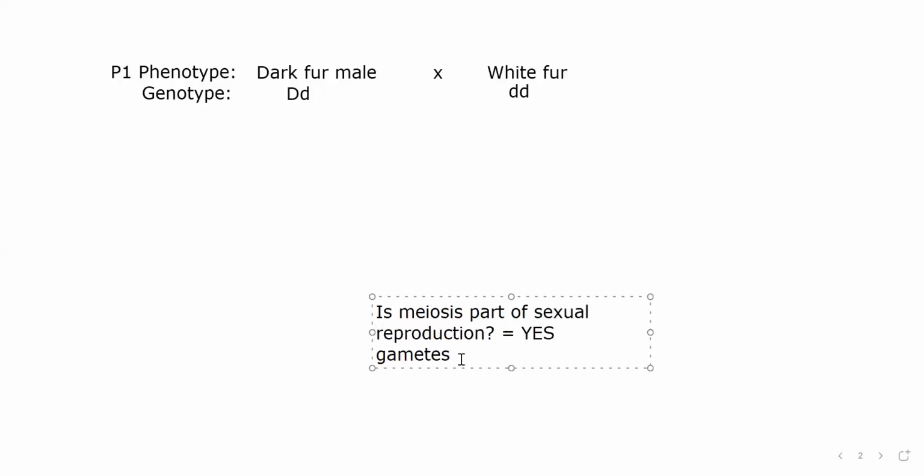So we need to produce gametes through meiosis, through the process of gametogenesis, divided into two here: spermatogenesis, which produces sperm cells, and oogenesis, which produces ova. So those are our gametes.